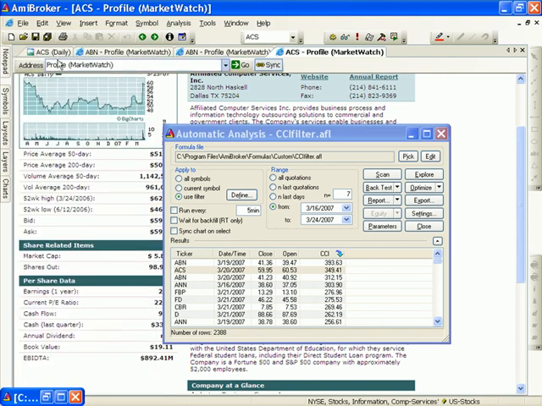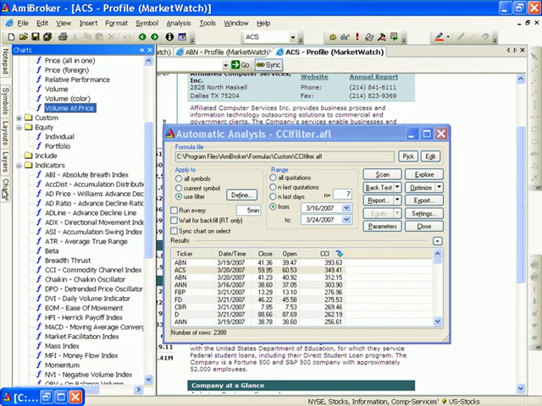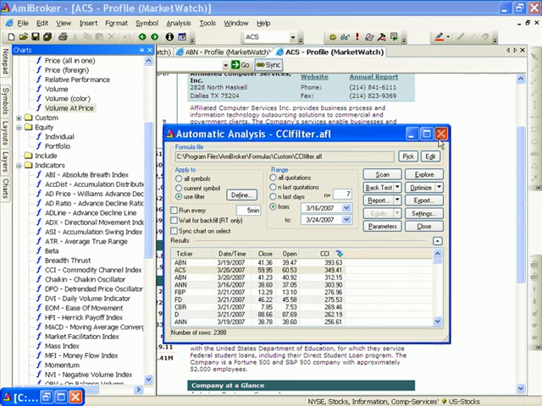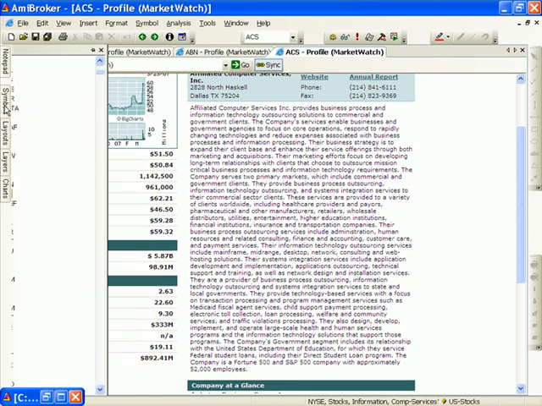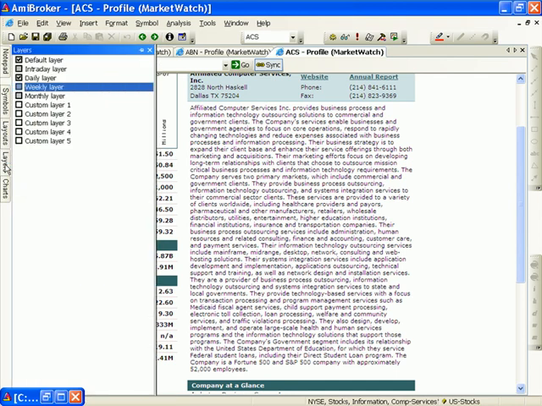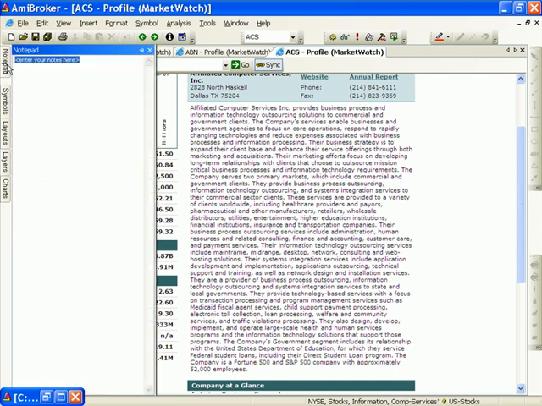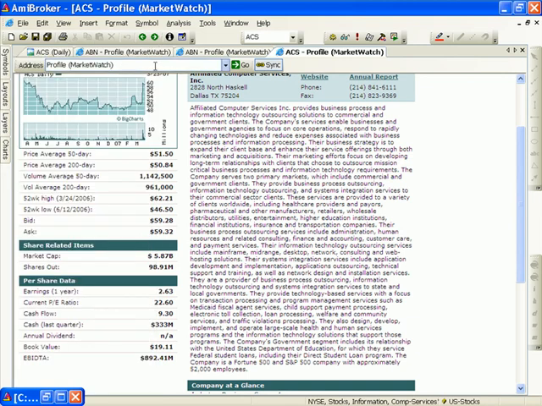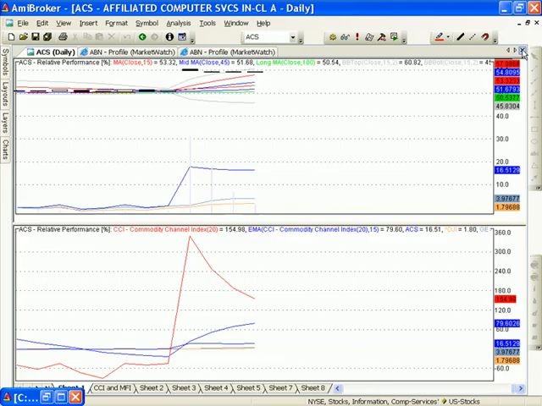Close that. Where's my chart? How do I get my chart back up? Charts. No. Close this. Symbols. Layers. Where's my panes? What's this? Oh, interesting.